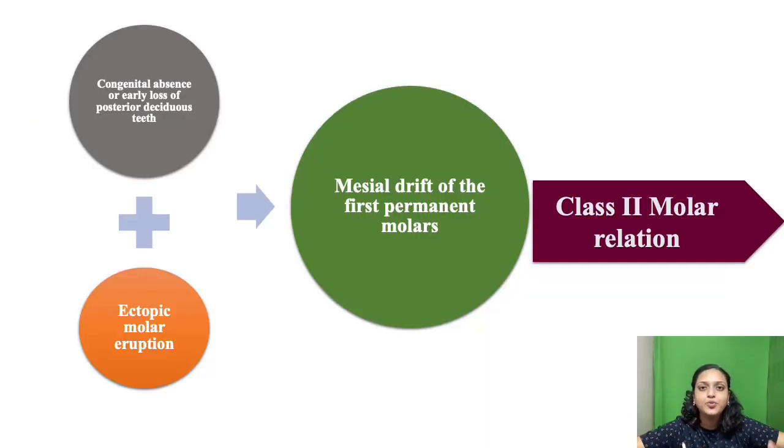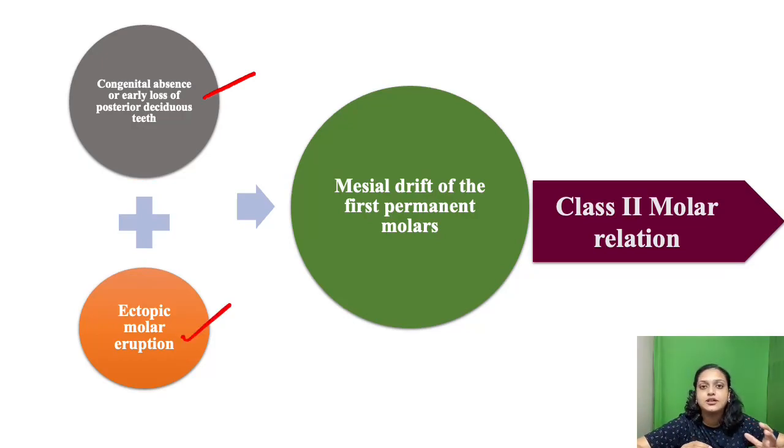So why do we distalize? We distalize in two cases. Why are we pushing the molars back? Because they've come forward. Congenital absence or early loss of the E, that is the deciduous second molar, premature loss leads to the mesial drift of the permanent first molars as well as ectopic molar eruption.